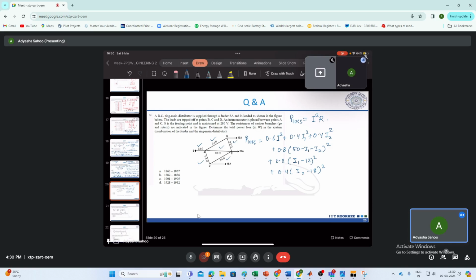Okay. So previously we have calculated I1 and I2 in the previous question. So just substitute those values here and you will get the total power loss.